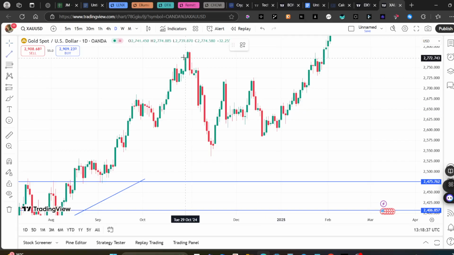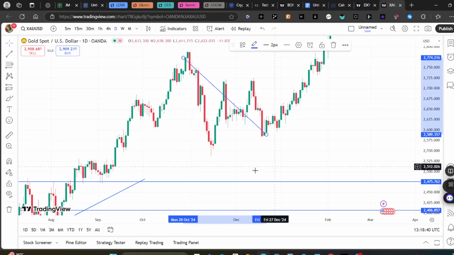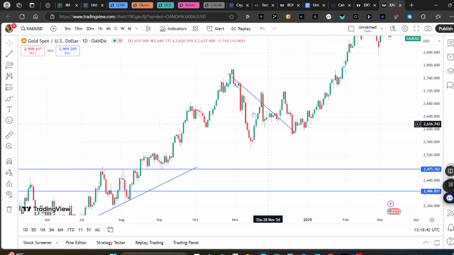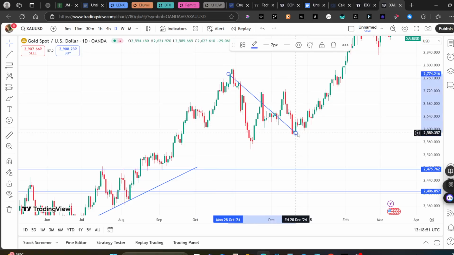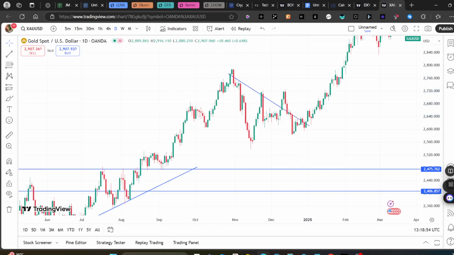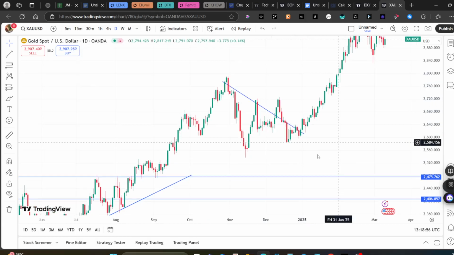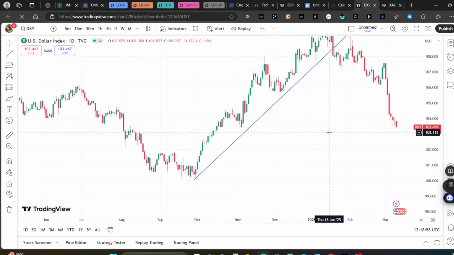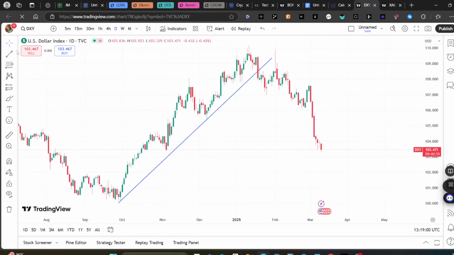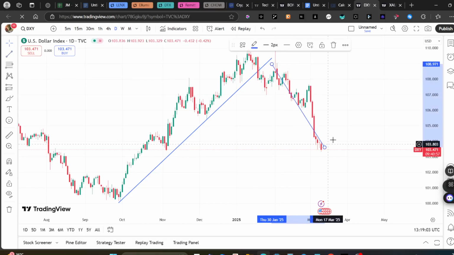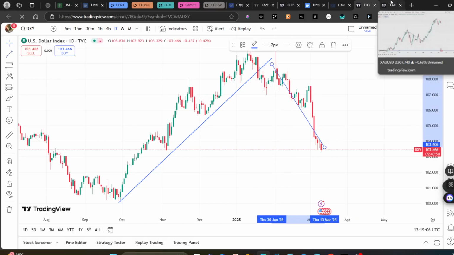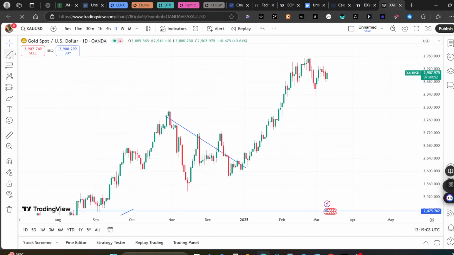So we can see that, although there were some significant fluctuations, eventually it was more of a declining move from October to January, right? So when the US dollar weakens, gold often rises as traders seek safe haven assets.